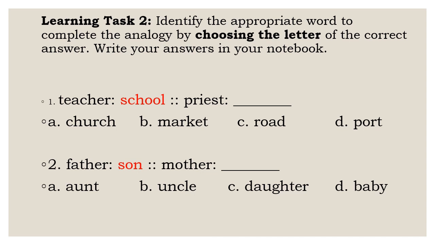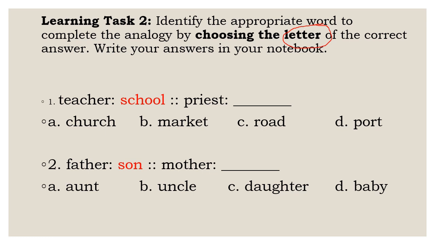Direction says, identify the appropriate word to complete the analogy by choosing the letter of the correct answer. Write your answers in your notebook. If you understand the direction, it says letter only, meaning you're going to write the letter only in your notebook or paper.